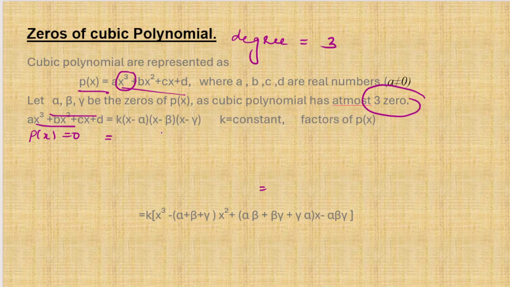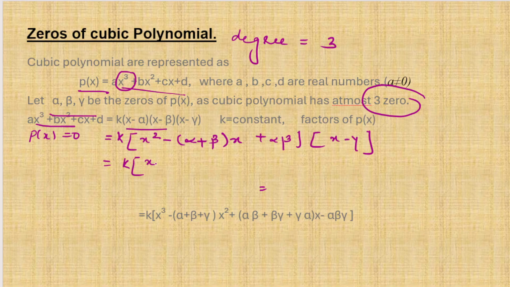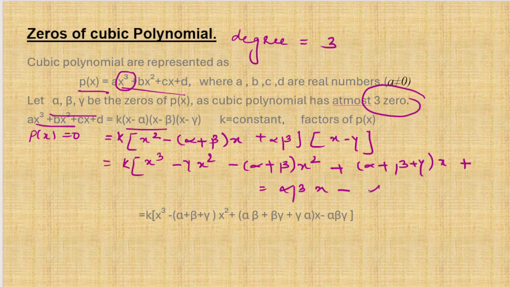Now we are going to multiply all these factors so that the polynomial comes in the form of ax³ + bx² + cx + d. Let's start. First multiply the first two, so it becomes x² − (α + β)x + αβ, into (x − γ). Now multiply these, so it becomes x³ − γx² − (α + β)x² + (α + β)γx + αβx − αβγ.